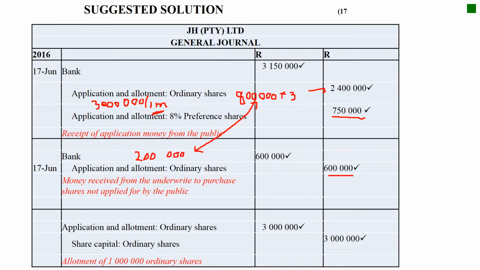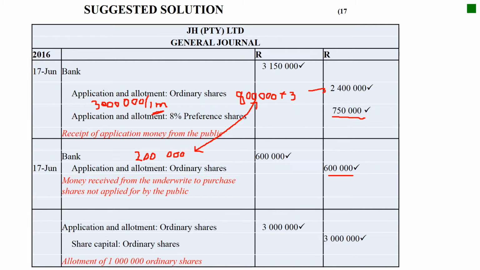So we use this application and allotment account to receive all the monies when the public is applying for the shares. So this is the application, and we also use the same account now to allot to those who are successful.